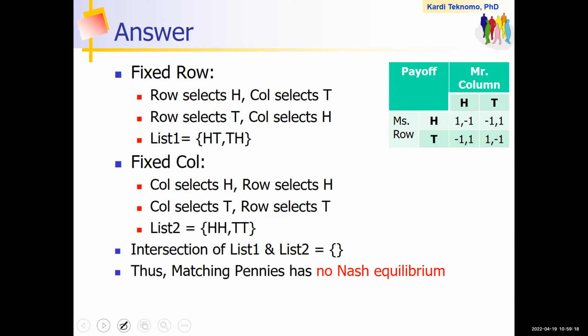If you look at the result, list 1 and list 2 are different, right? So the intersection is actually empty. So matching pennies has no Nash equilibrium. This is one of the possibilities: you can either have a Nash equilibrium or no Nash equilibrium. And if you have one, it is not necessarily just 1.